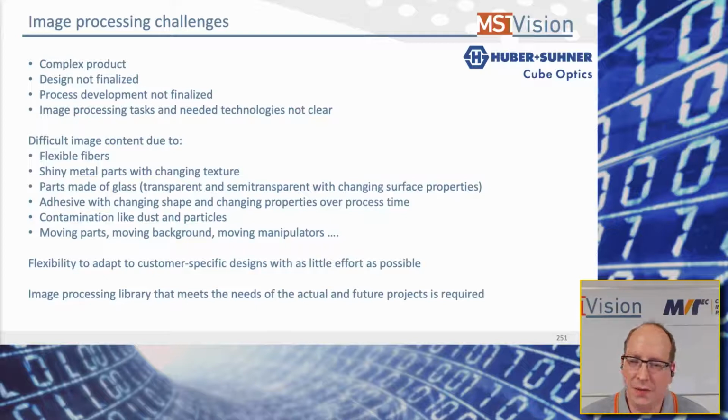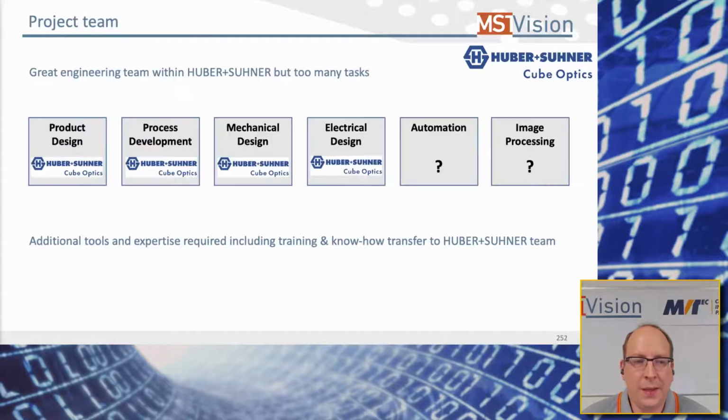You have moving backgrounds, moving manipulators, and the customer wanted to have a flexible product that can be adapted in an easy way, because there will be specific designs, and an image processing library is needed that meets the needs of the actual and future projects. And Huber and Suhner has a great team.